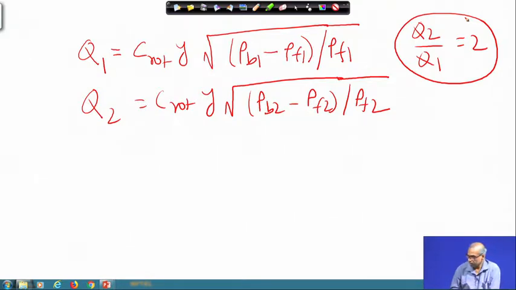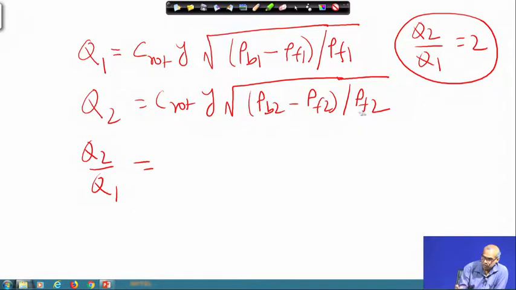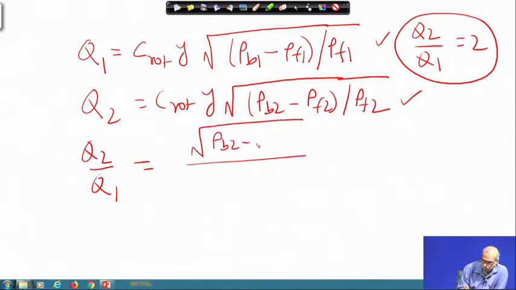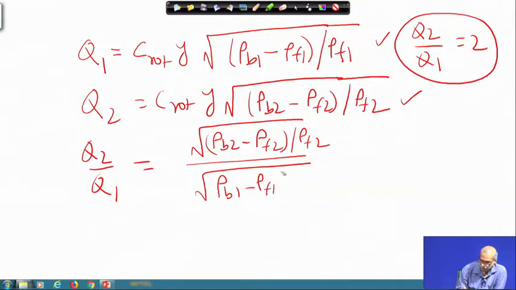So, Q2 by Q1 will be equal to this expression divided by this expression. So, that will be rho B2 minus rho F2 by rho F2, over rho B1 minus rho F1 by rho F1.